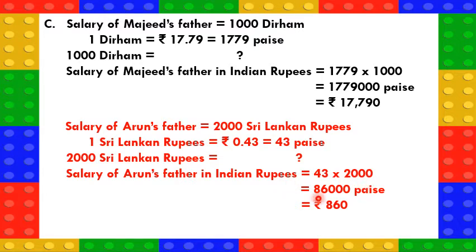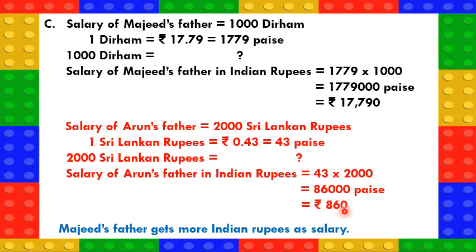We get 86,000 paise. Convert this into rupees. We get rupees 860. Arun's father's salary in Indian rupees is rupees 860. Seeing the salaries of Majid's father and Arun's father, we come to know that Majid's father gets more salary in Indian rupees.